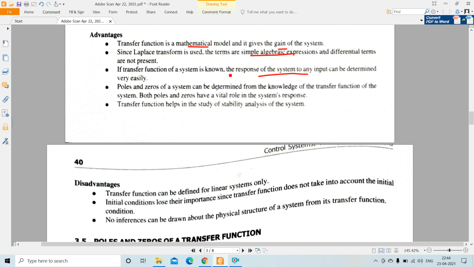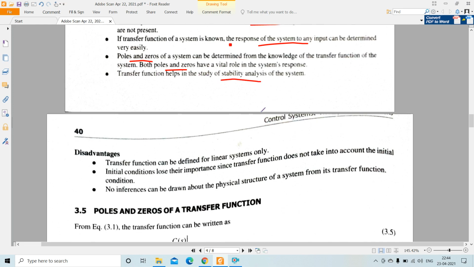Poles and zeros of a system can be determined from the knowledge of the transfer function. Both poles and zeros have a vital role in the system response; about these we will study in a separate chapter later. The transfer function also helps in the study of stability analysis. So these are the advantages.